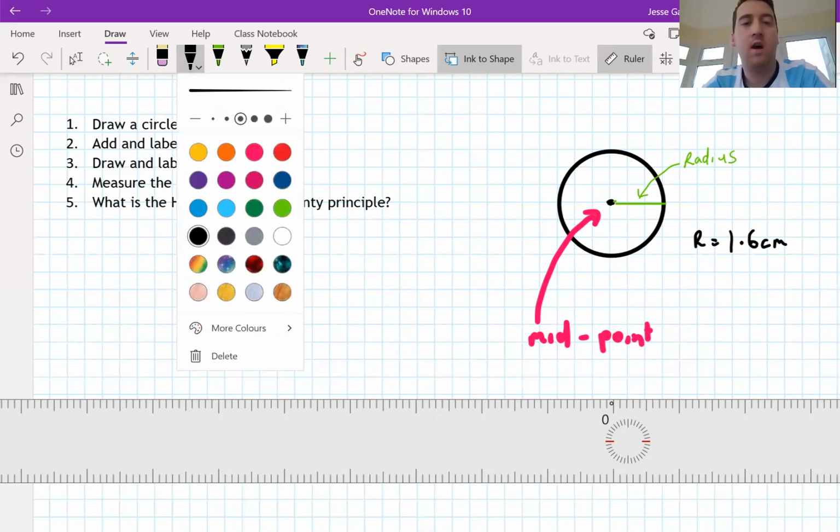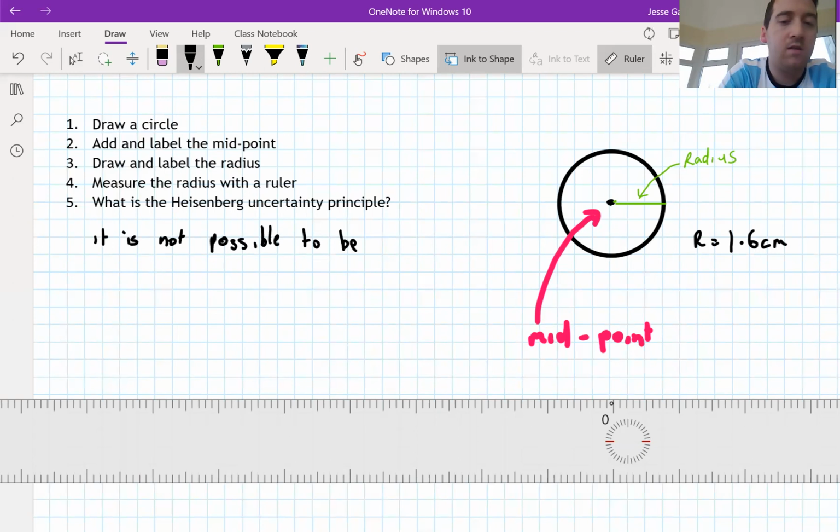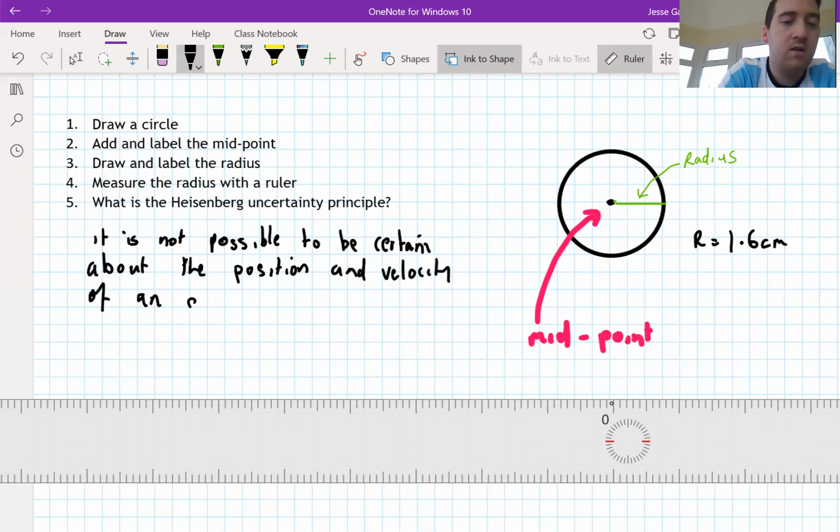Okay, so the Heisenberg uncertainty principle states that it is not possible to know or to be certain about the position and velocity of an electron simultaneously.